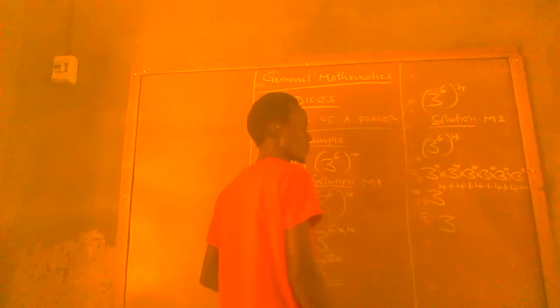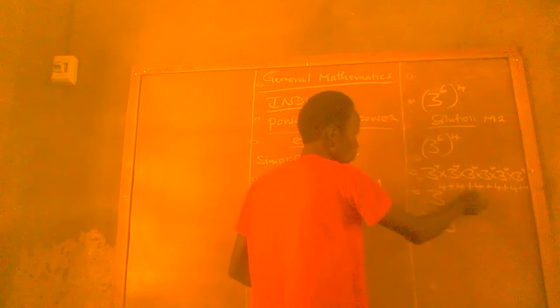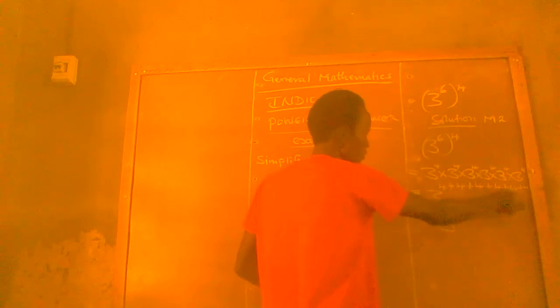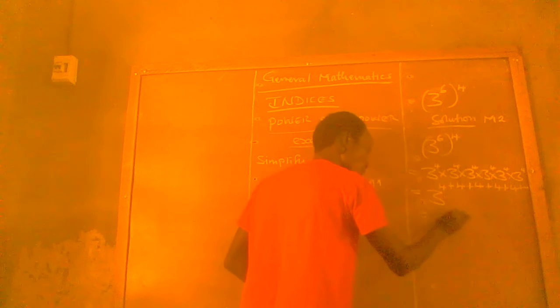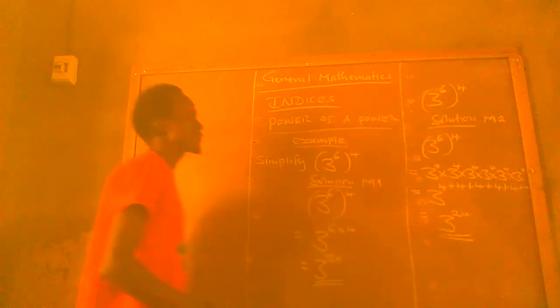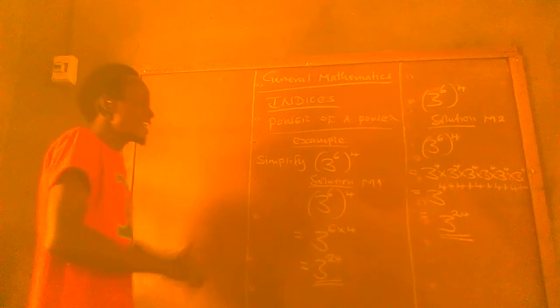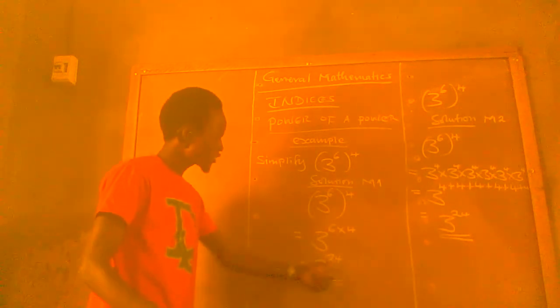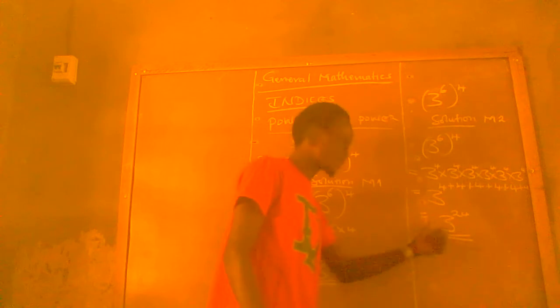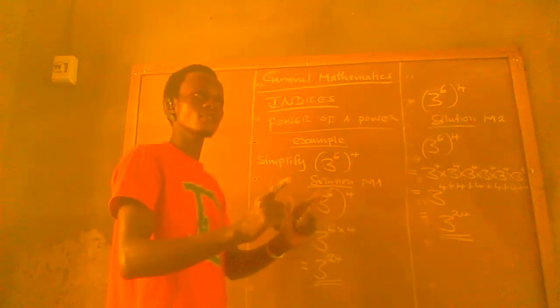This is now equal to 3 raised to the power, don't forget to write the base, so 4 plus 4 is 8, plus 4 is 12, plus 4 is 16, plus 4 is 20, plus 4. We now have 24. Then we see that 3 raised to the power 24 and 3 raised to the power 24, yes, it's correct.